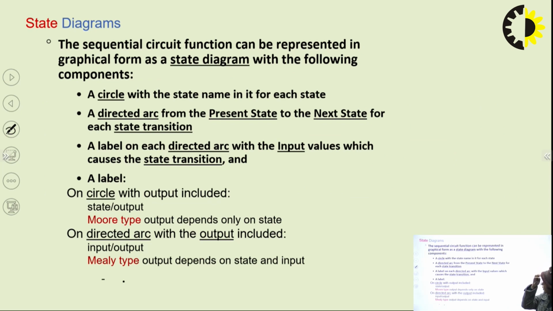A state diagram can be seen as a graphical representation of a state table. We encircle each present state in it.